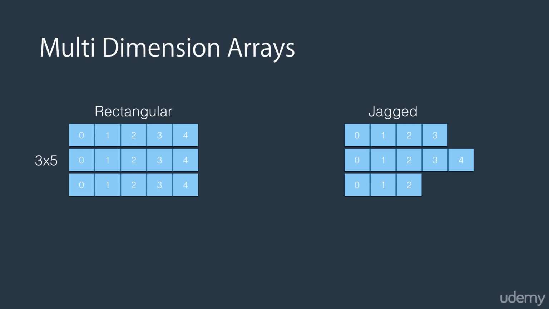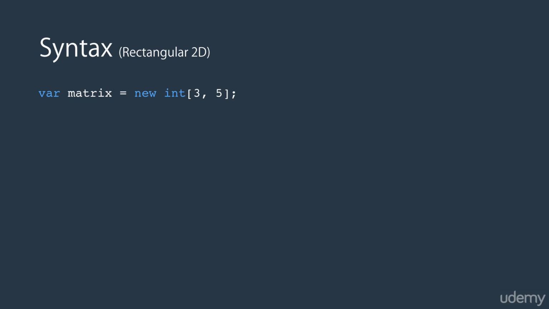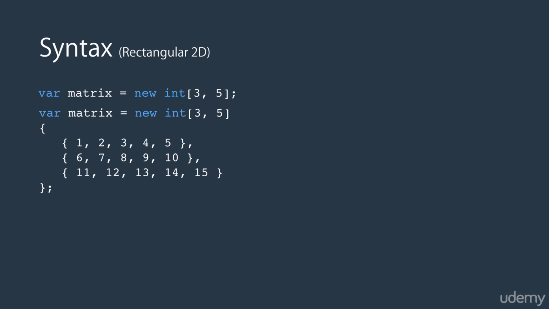Now let's see how we can declare a rectangular array. So here is the syntax for declaring a two-dimensional rectangular array. The only new thing you see here is that in the square brackets, we need to specify the dimensions of the array. So in this case, this array has 3 rows and each row has 5 columns. If we know the values we would like to store in this array ahead of time, we can initialize this array using object initialization syntax.